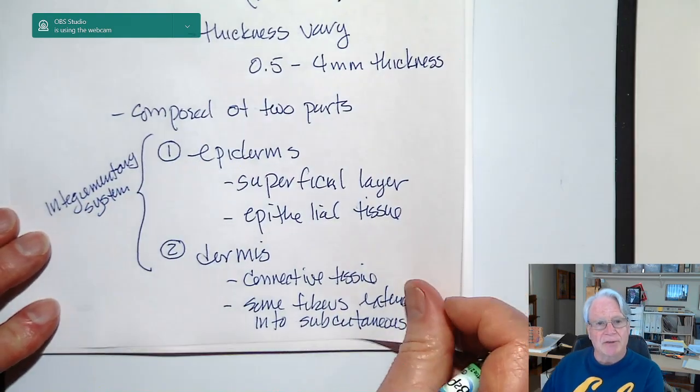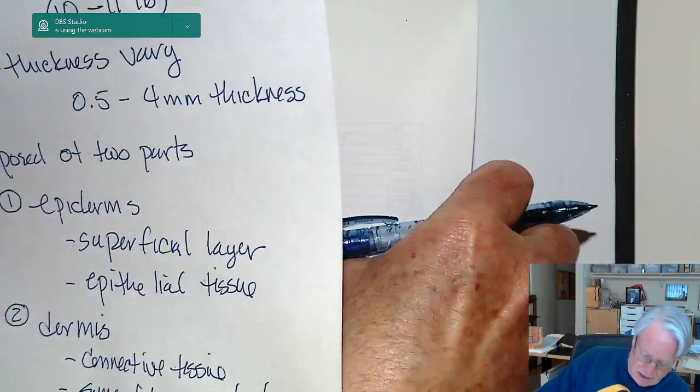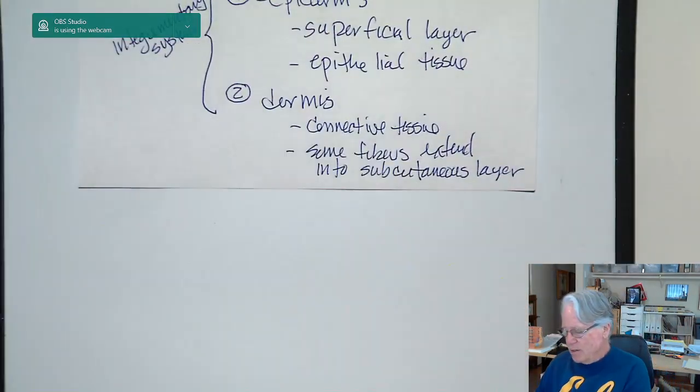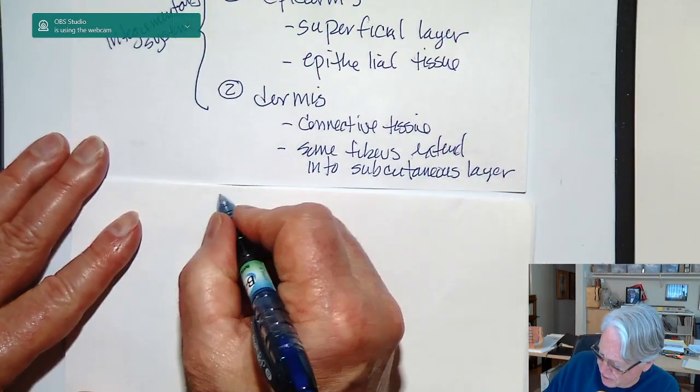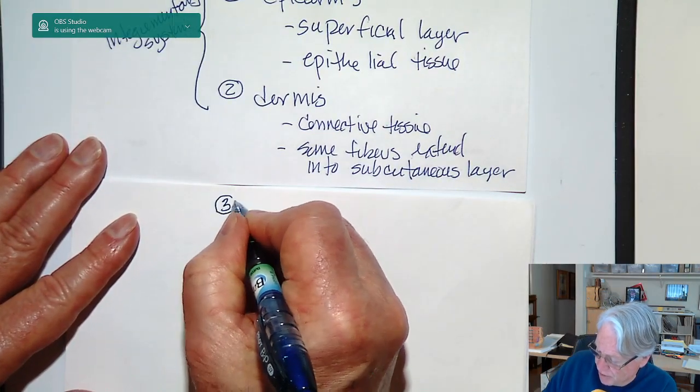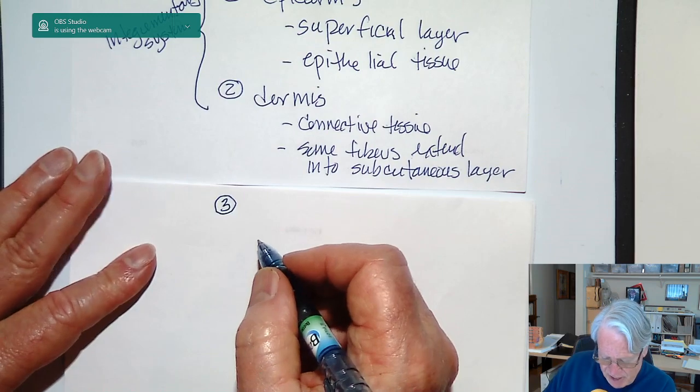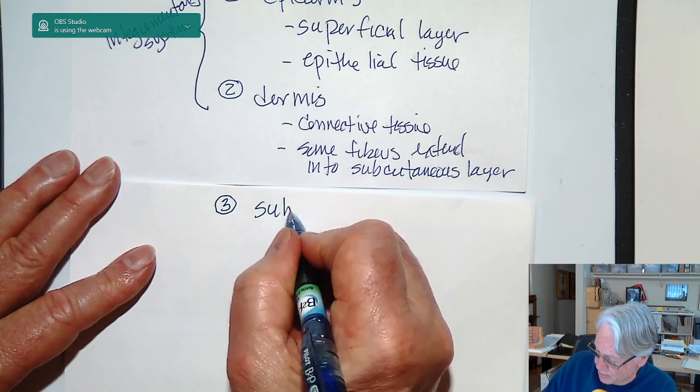I'm going to add, though, a third thing on our list, but I want to emphasize this is technically not part of the skin, but we are going to mention it and talk a little bit about it. And this is the subcutaneous area.